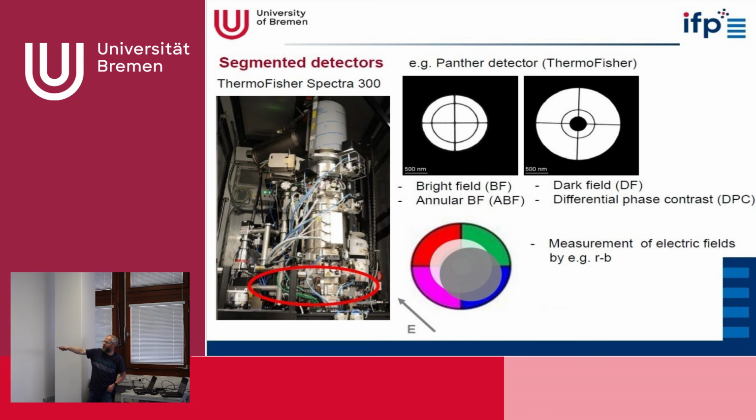So we will have a negative difference signal between red and blue. And the stronger the electric field, the stronger the deflection. That means we can basically measure the electric field, and from these four different directions that we have, we can not only measure the magnitude of the electric field, but also its direction.